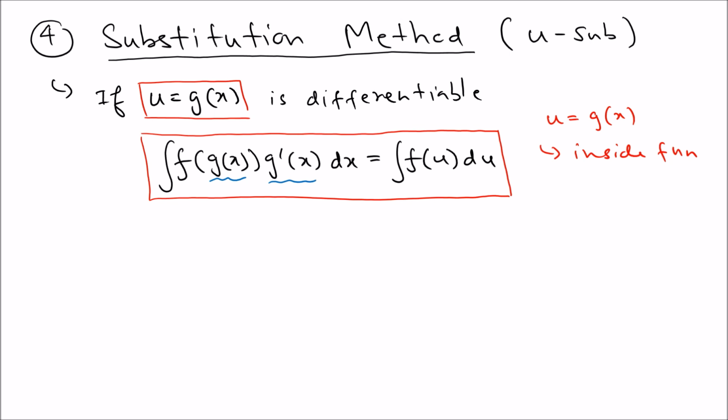Okay, that's that. And then the next one is how to calculate the definite integral. This was for indefinite integrals. For definite integrals, we can do it two different ways, but we only discuss one method.